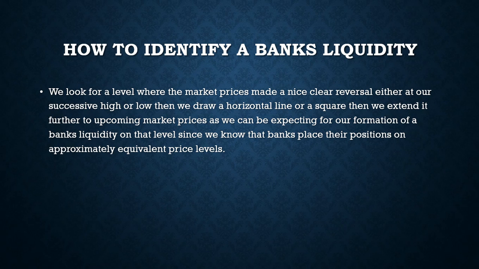Then we draw a horizontal line or a square and extend it further for the upcoming market prices, knowing that we can be looking to see another retest on this level, because bank traders place market orders at the same or equivalent market prices, because they split their orders.